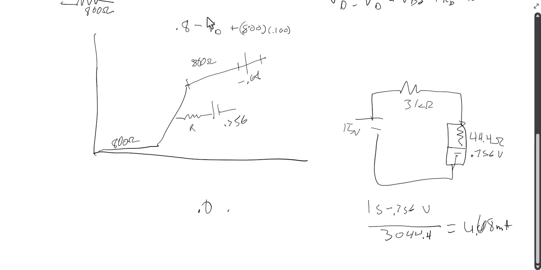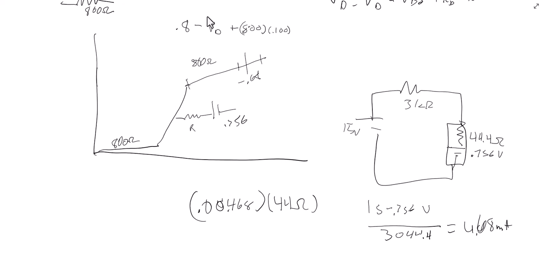So 0.00468, I think that was the amount I got, times 44 ohms. When I do that, I get 0.20592. I add that to my 0.756, and I get that my voltage from here to here is 0.96192, and that would be in the operating region.